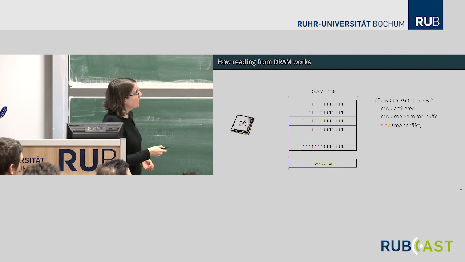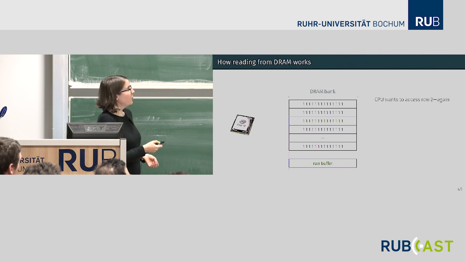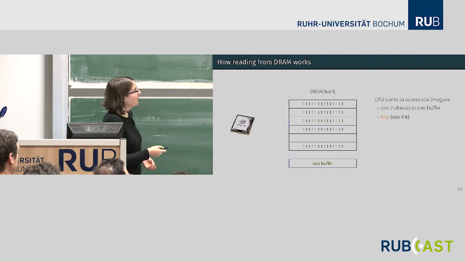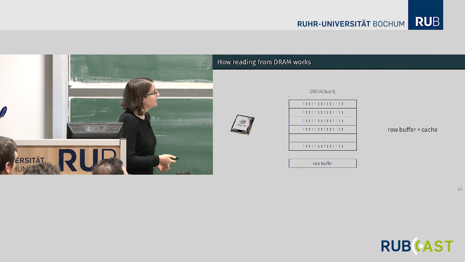And this is actually quite slow because we have this row conflict. There was something else in there, and we need to probably write back to whatever value was written on this row, and then copy the new row. Now, if the CPU wants to access row 2 again, what happens is that row 2 is already in the row buffer. So it can be returned, and this is way faster than the previous case.